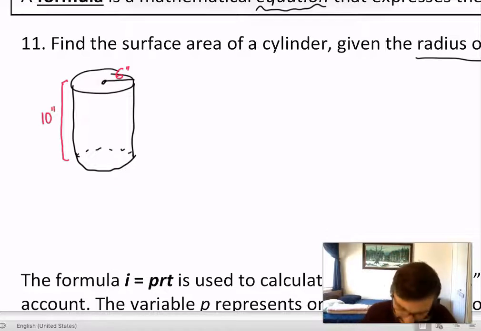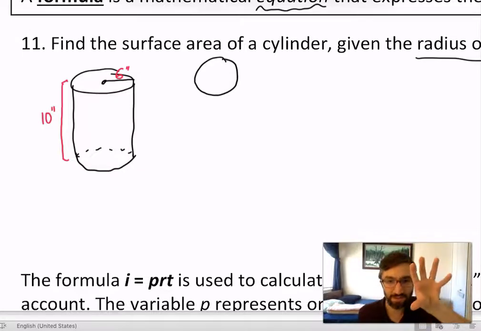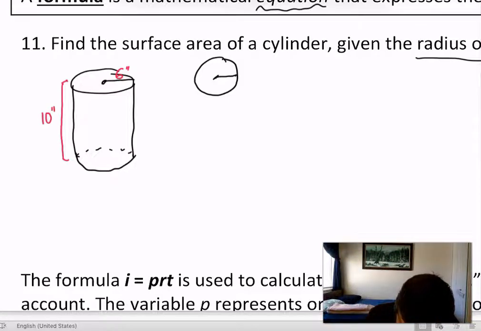For a cylinder, you have that circle that's on the top. So kind of shift it so you can see if you're looking down at the top. So this part right here, this is the 6-inch radius.